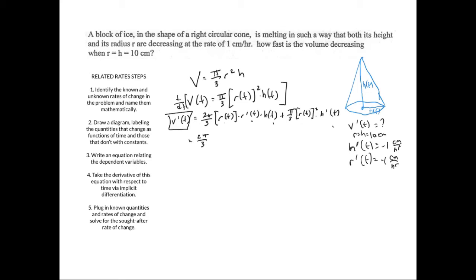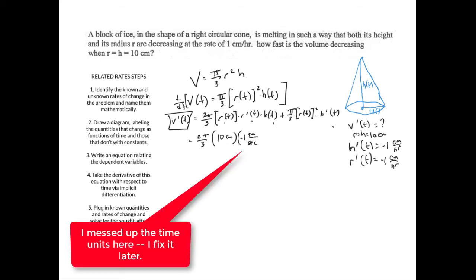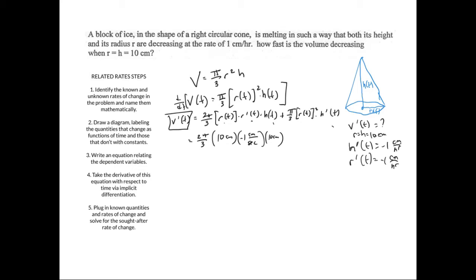2 pi over 3 times r of t, which at this moment is 10 centimeters, times r prime of t, which is negative 1 centimeter per hour, times h of t, which is 10 centimeters, plus pi over 3 times r of t squared, so that would be 10 centimeters squared, times h prime of t, which is negative 1 centimeter per hour.